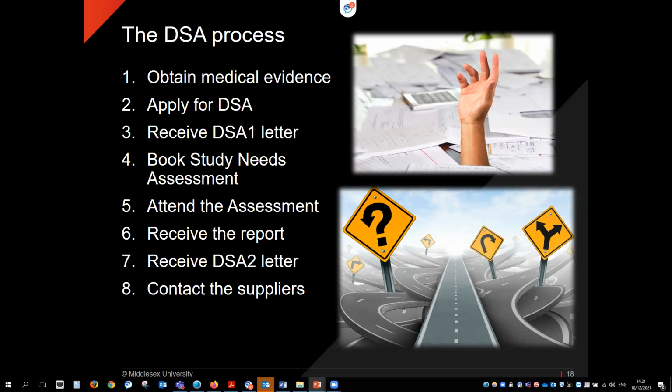So don't worry, I'll take you through everything in a little bit more detail. I just wanted to show you how many steps there are in the process, and for a student who struggles with organization, this is an extra burden. So we need to be aware as professionals where we can step in and help the student.